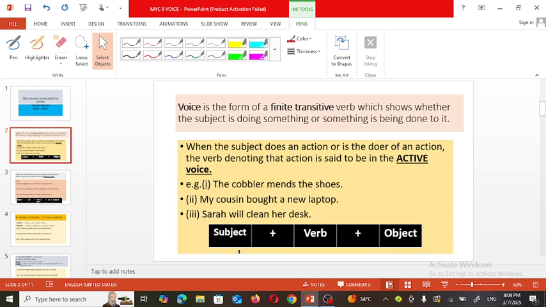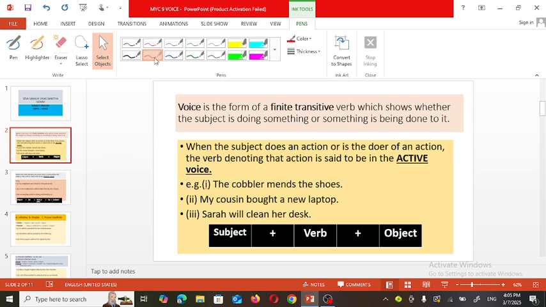Here subject comes first, then verb and then object. So this is the format of active voice. When the subject does an action or is the doer of an action, the verb denoting that action is said to be in the active voice. For example, the cobbler mends the shoes.